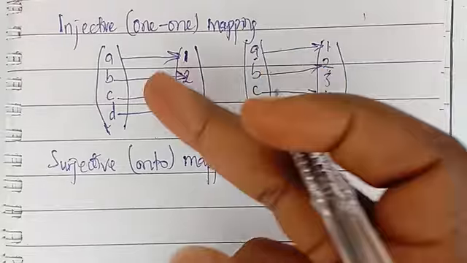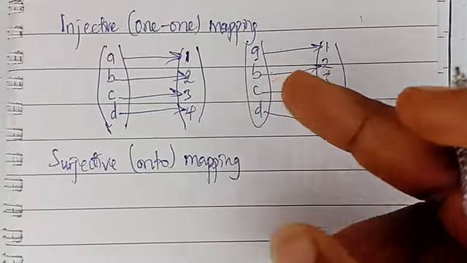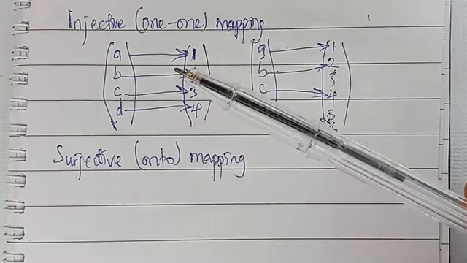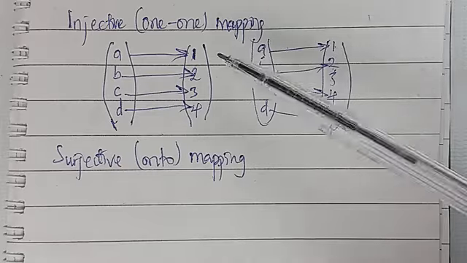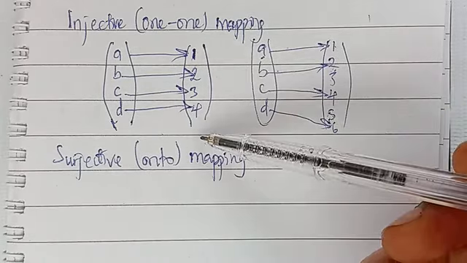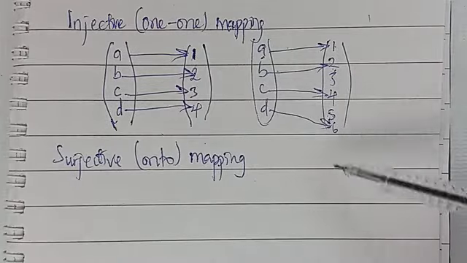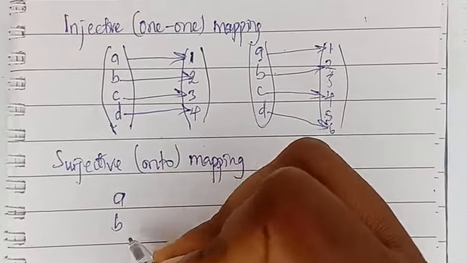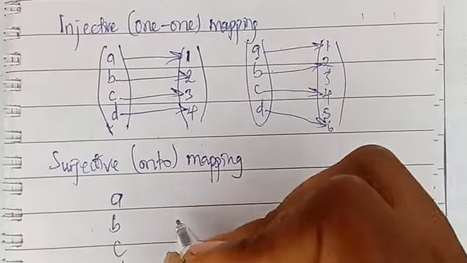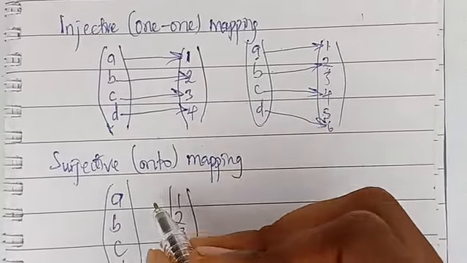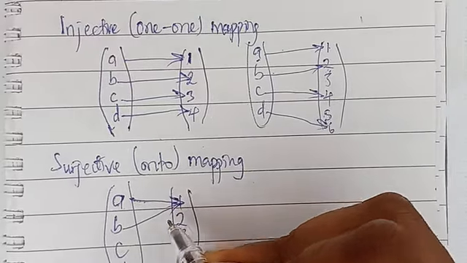Using these two examples already drawn here, this is a one-to-one mapping as well as a surjective mapping, because every member of this codomain has been mapped. This one is not. Then we can also have something like this: A, B, C, D, and then 1, 2, 3 on this side.